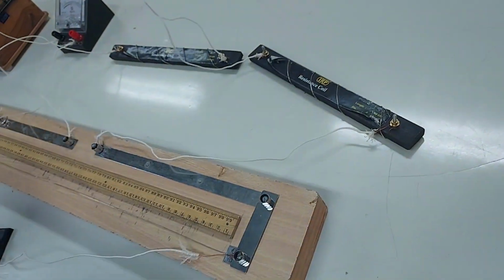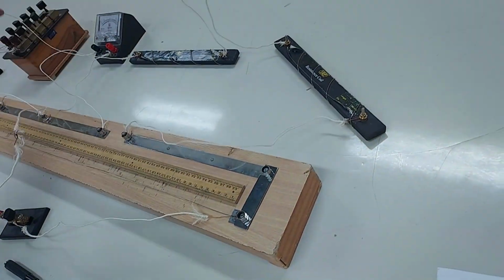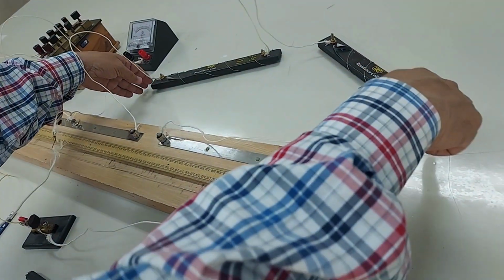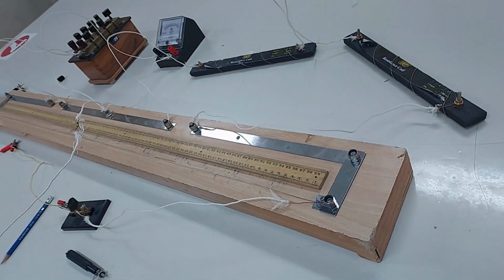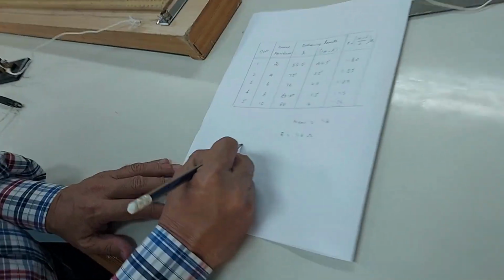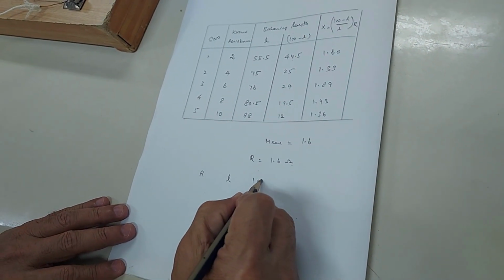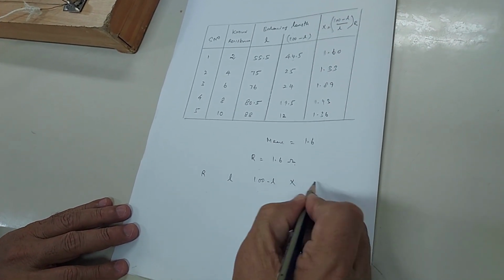So with the same apparatus, two resistances I connected in series, and this terminal is connected here and this terminal is connected here. So this is the series connection. Now we have to take the same readings. So what is the reading? See, this known resistance first, then L is the balancing length, then 100 minus L you have to find out, then the X value you have to find out.